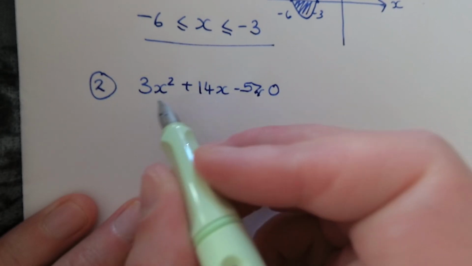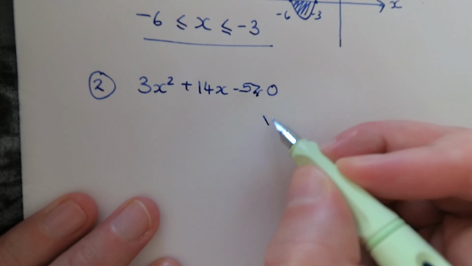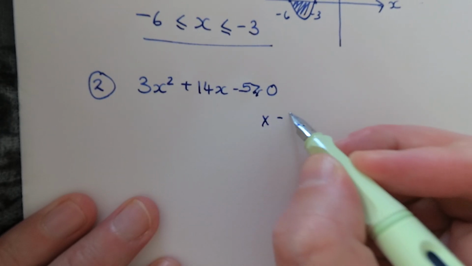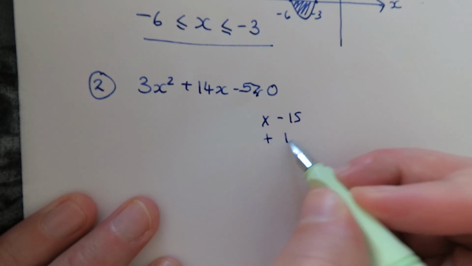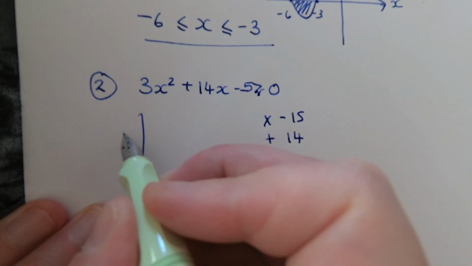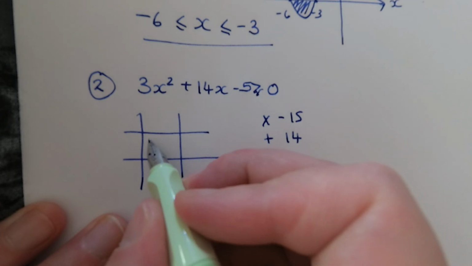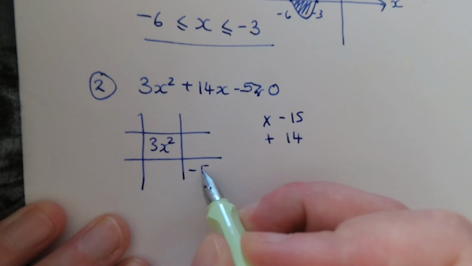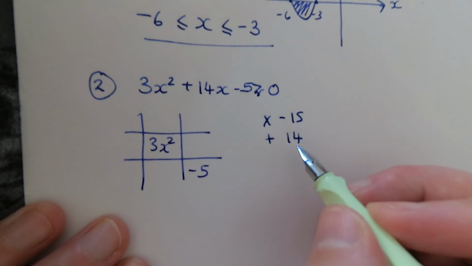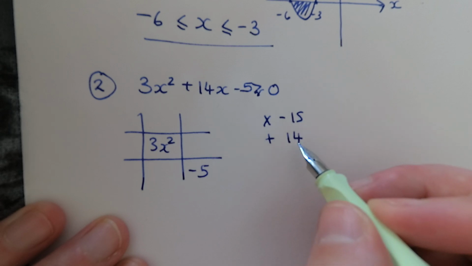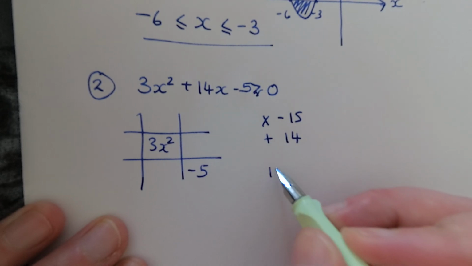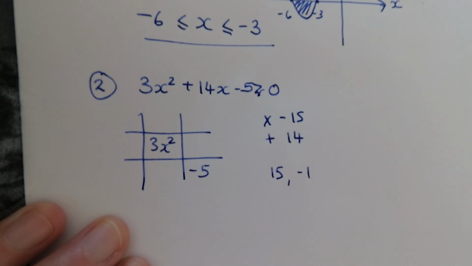So we're looking for two numbers that multiply to make minus 15 and add to make 14, and I'll pop that into the grid to try and factorise. So I've got 3x squared, and minus 5. Two numbers that multiply to make minus 15 and add to make 14 are going to be 15 and minus 1.